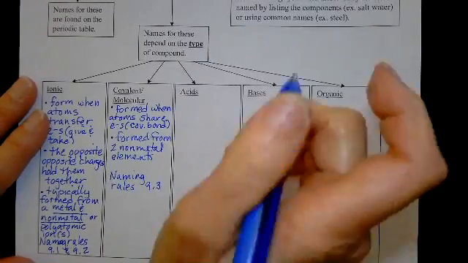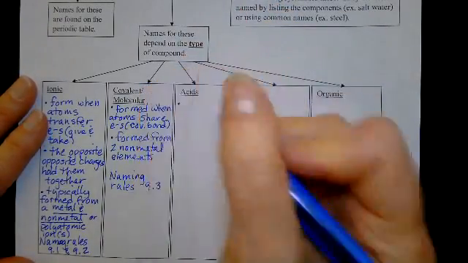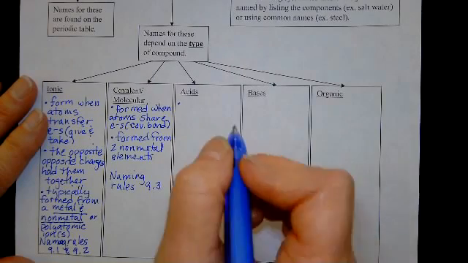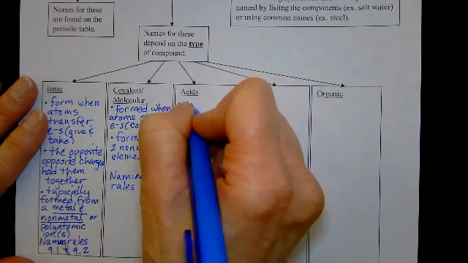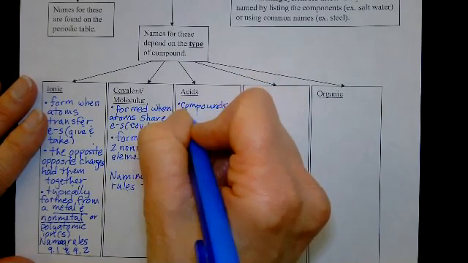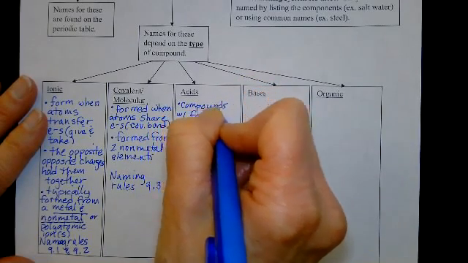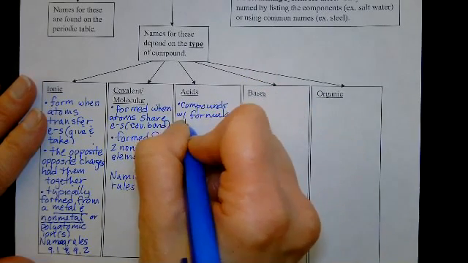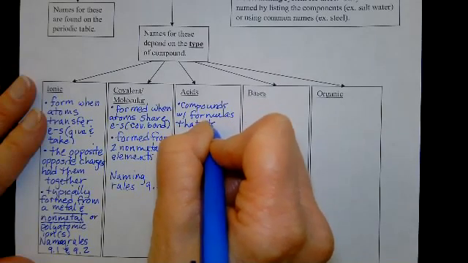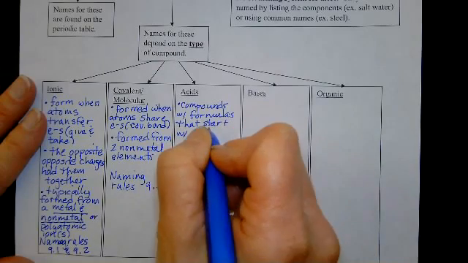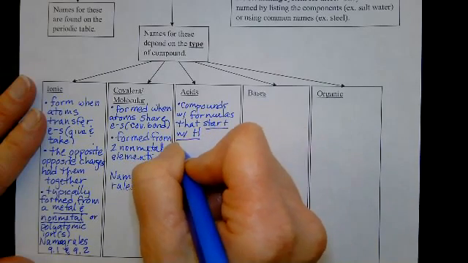Next up are acids. Acids are compounds with formulas that start with H and that donate an H+ when dissolved in water. So these are compounds with formulas that start with H. This is a way to identify them: they start with H for hydrogen.